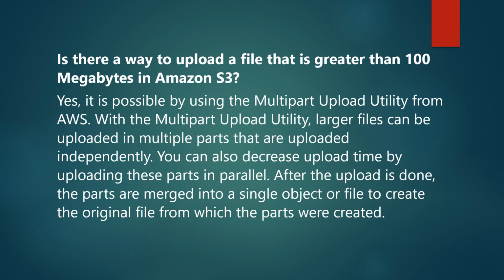With the multi-part upload utility, larger files can be uploaded in multiple parts that are uploaded independently. You can also decrease upload time by uploading these parts in parallel. After the upload is done, the parts are merged into a single object or file to create the original file from which the parts were created.